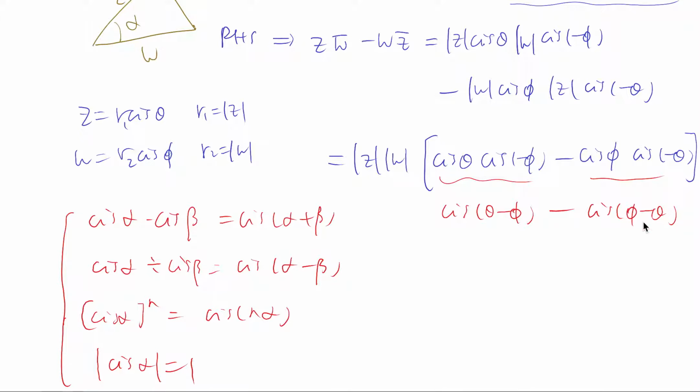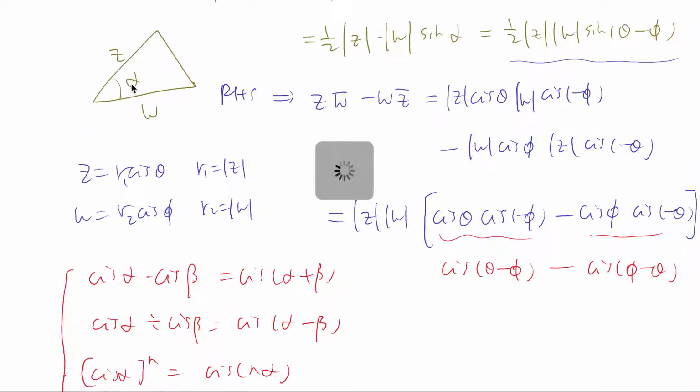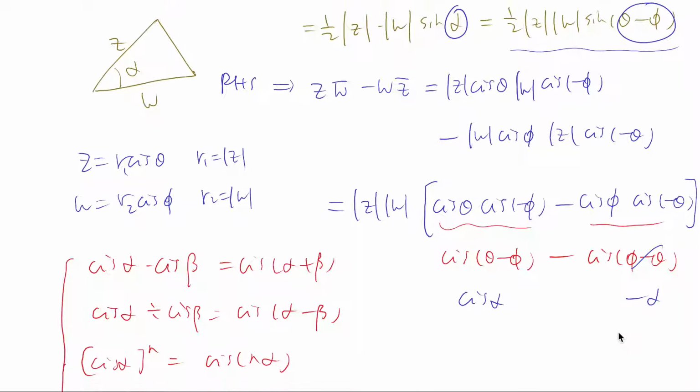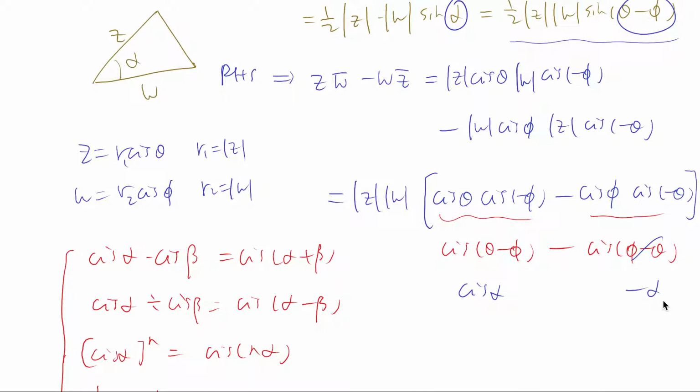Remember we called this angle alpha, theta minus phi, so that is cis alpha, and cis (phi minus theta) is just cis minus alpha. So let's quickly expand it and see if we can find out anything.